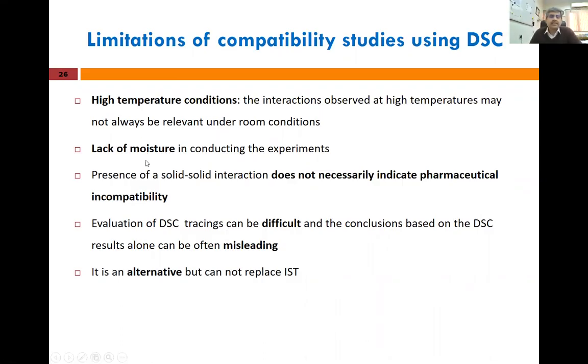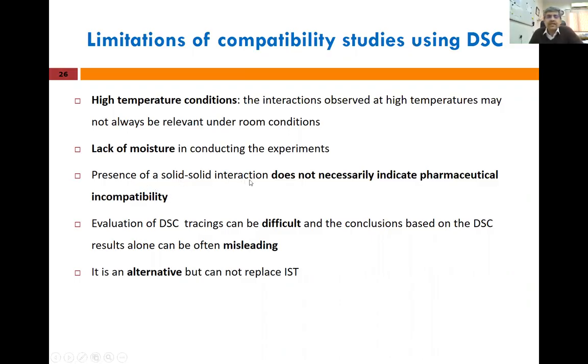The second limitation of the DSC is that there is no participation of moisture while conducting the experiments, whereas in the isothermal stress testing, we always use moisture as a stressor while doing the compatibility studies.